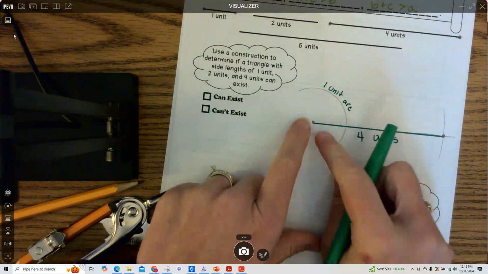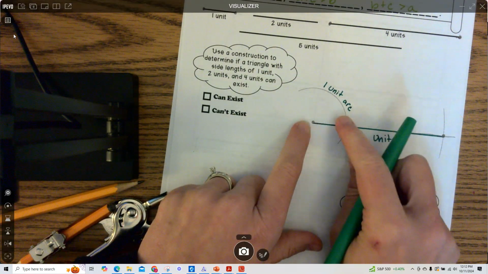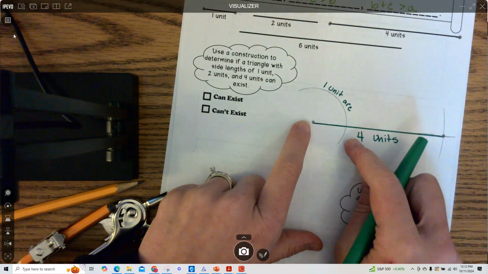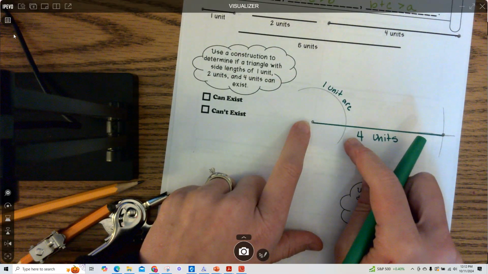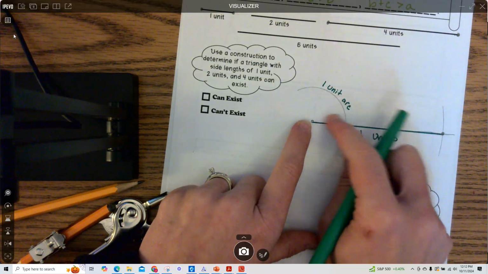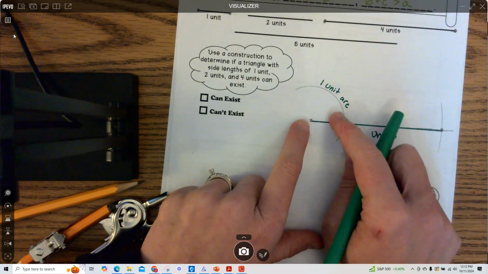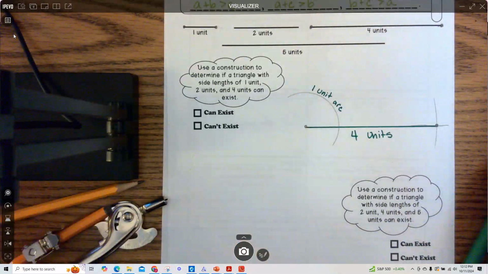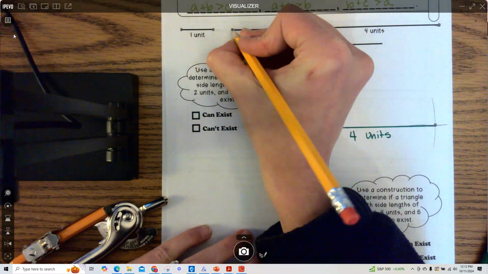I could draw a line anywhere from this point to any point on this arc, and it would be 1 unit long, no matter where I draw it. Okay? If I drew it here, it would be 1 unit long. If I drew it here, it would be 1 unit long. That's the way a circle works. All right, then we're going to do 2 units. So we're going to copy the 2 unit.